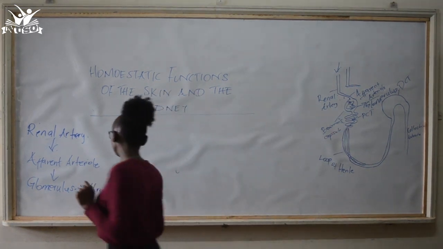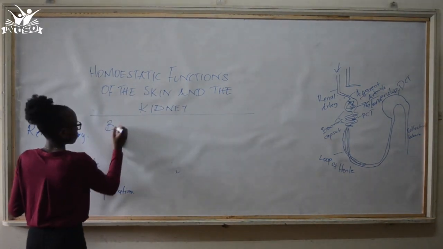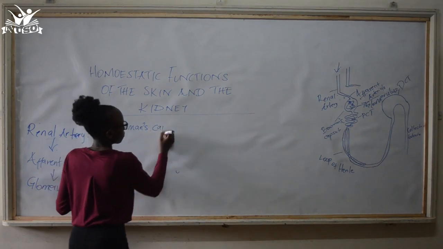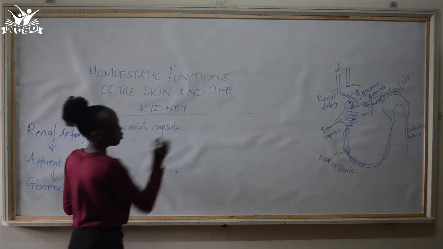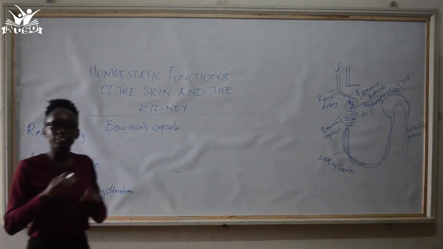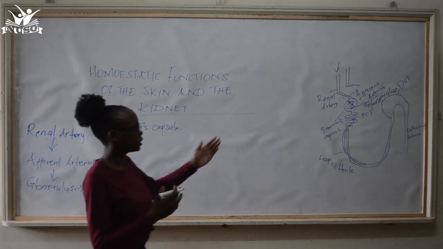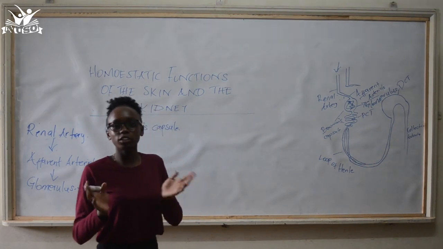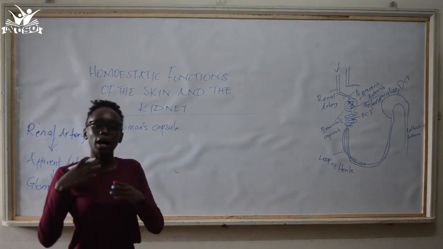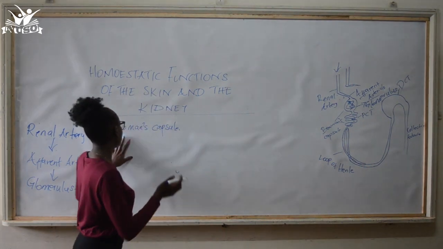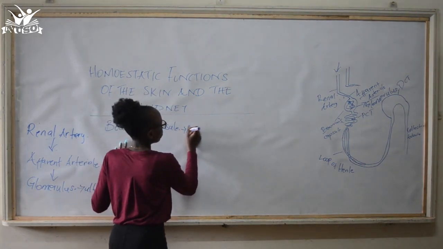In the Bowman's capsule, active reabsorption takes place of molecules such as glucose, amino acids, mineral salts, and some water.